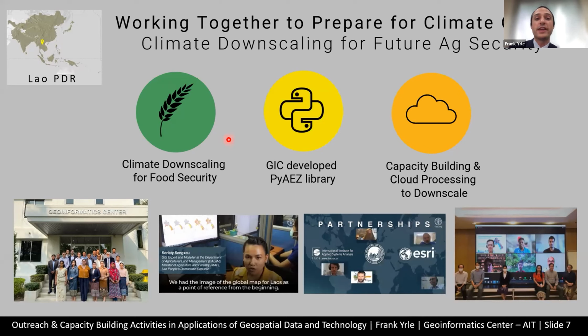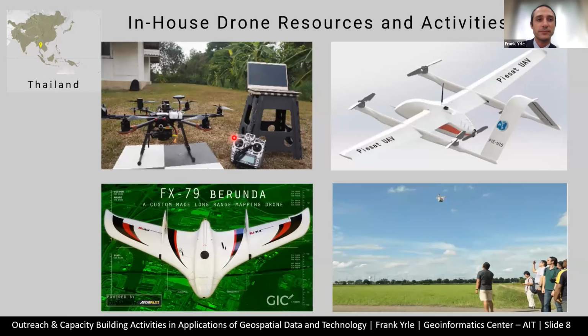And then in that, we were using PyAEZ, which we developed here at GIC, which Professor Rajendra mentioned earlier. Like I said, we showed them how to do it, and they just took it and hit the ground running. They're doing all the climate downscaling, all the processing on the cloud, and they'll have an agricultural atlas, or climate atlas rather, coming out later this year.